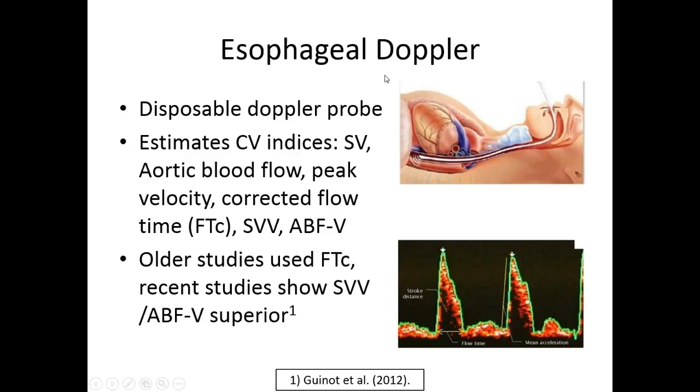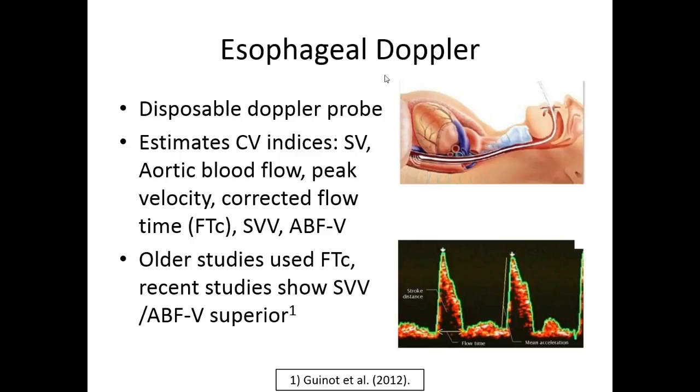One thing to be wary of, as far as looking at the literature for fluid responsiveness and esophageal Doppler, older studies used the corrected flow time, which is not a dynamic measurement. It doesn't change in response.